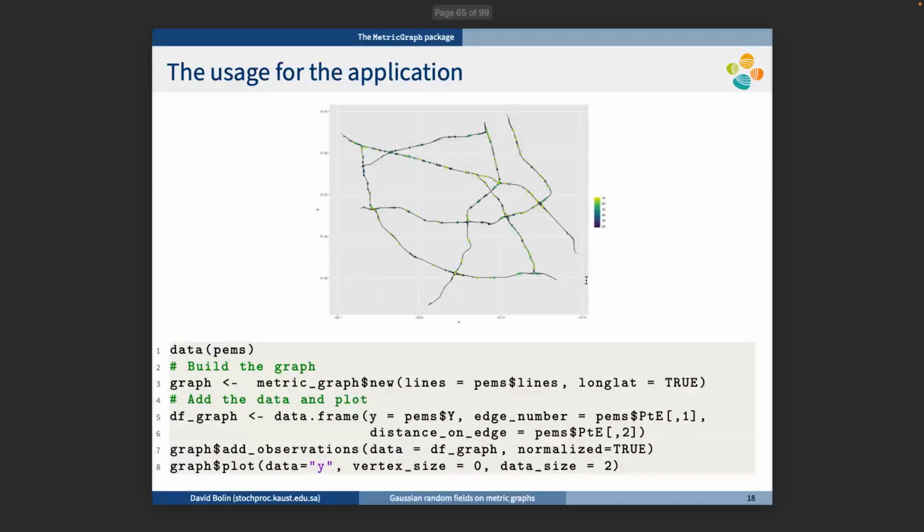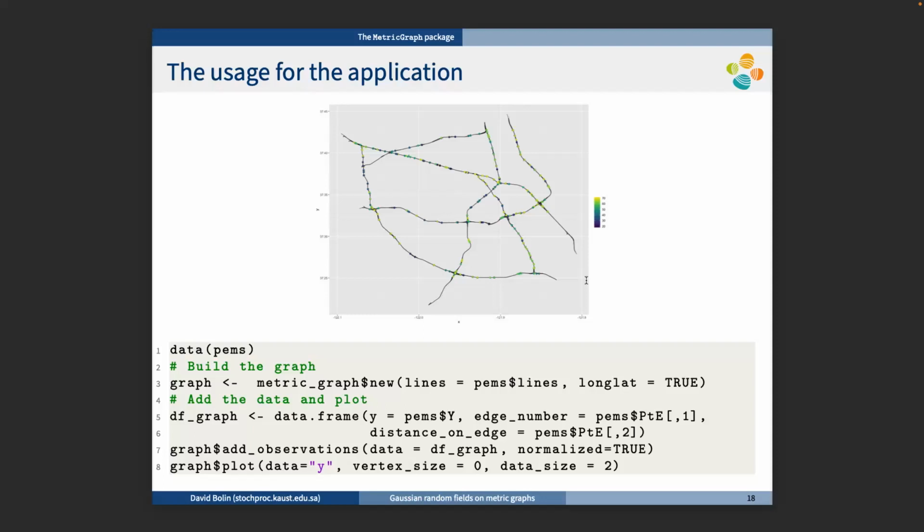Just to show you how I obtained those results, here is our code for loading this data and creating the network. We have this MetricGraph object that contains the topology of the network, and you can then also add the data to that network.